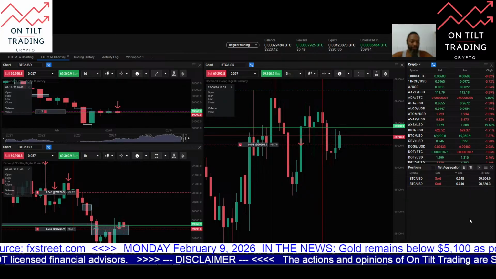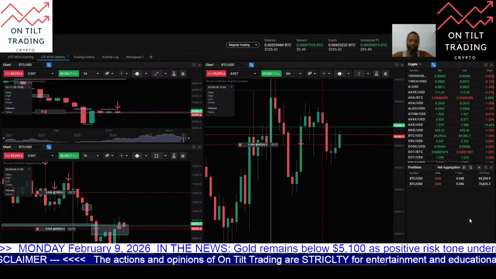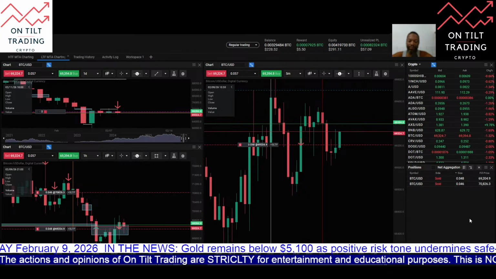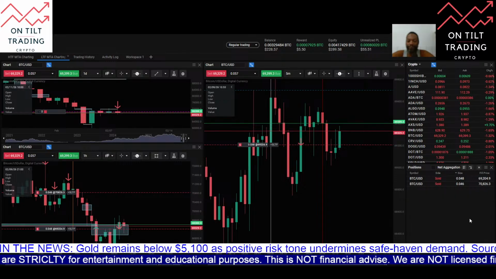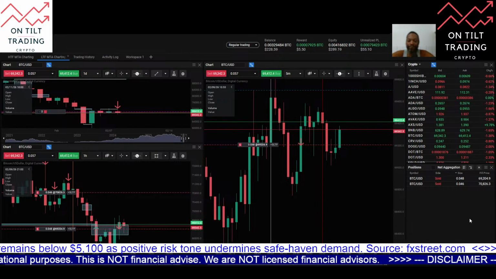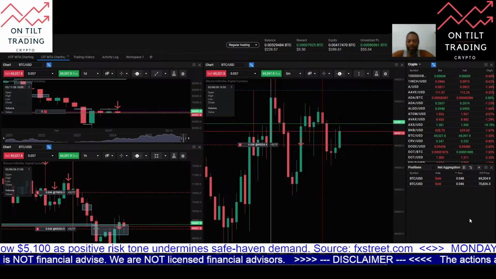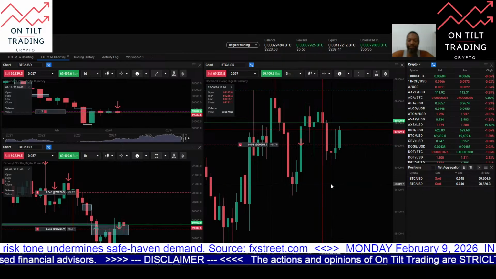So price currently within a fair value gap on the 1 hour, a bearish fair value gap, also within a bearish fair value gap on the 5-minute chart. Price has put in a new 5-minute high. Price trading above the gap now here on the 5-minute chart.